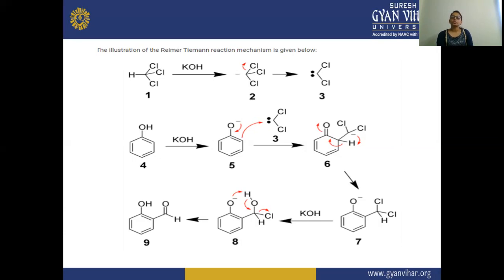So this H again forms a bond with the carbon having the negative charge. In the seventh structure, you can see the hydrogen abstracted from this carbon and then attached to the carbon having the lone pair of electrons. The hydrogen does not have the electron; it has a deficiency of electrons.